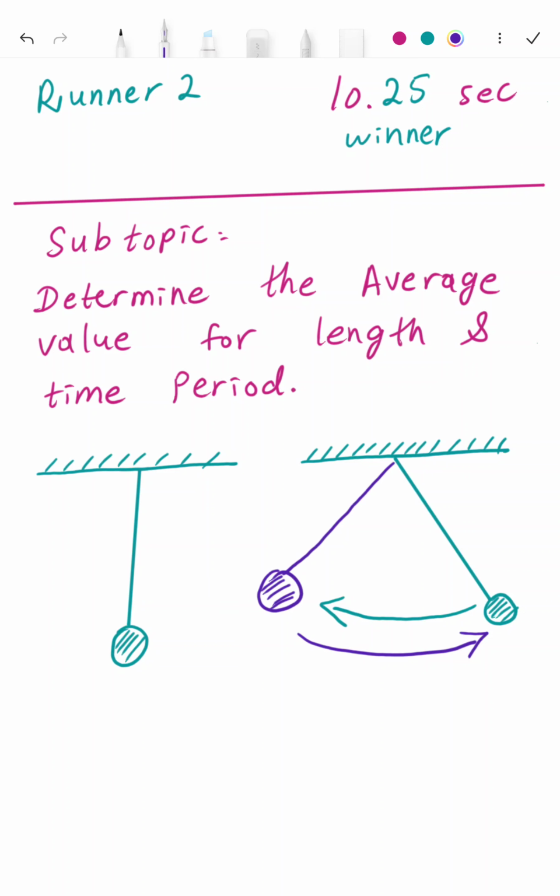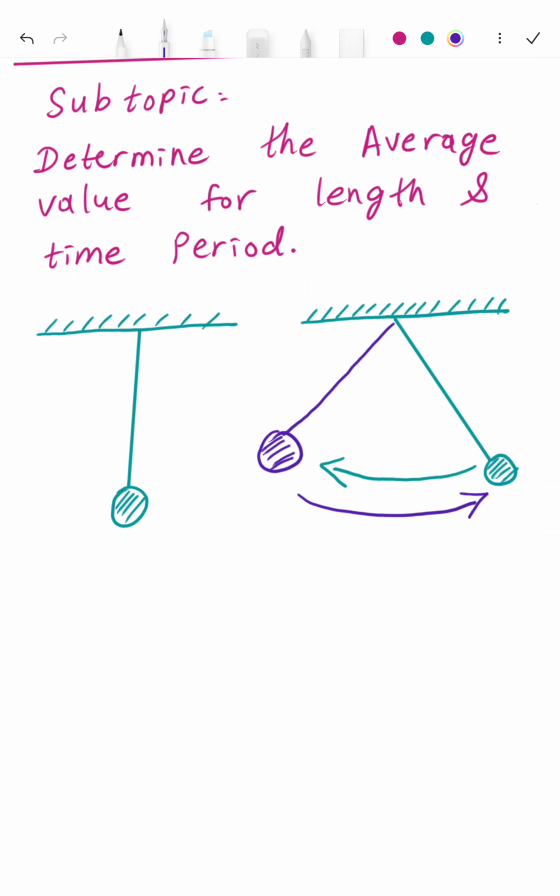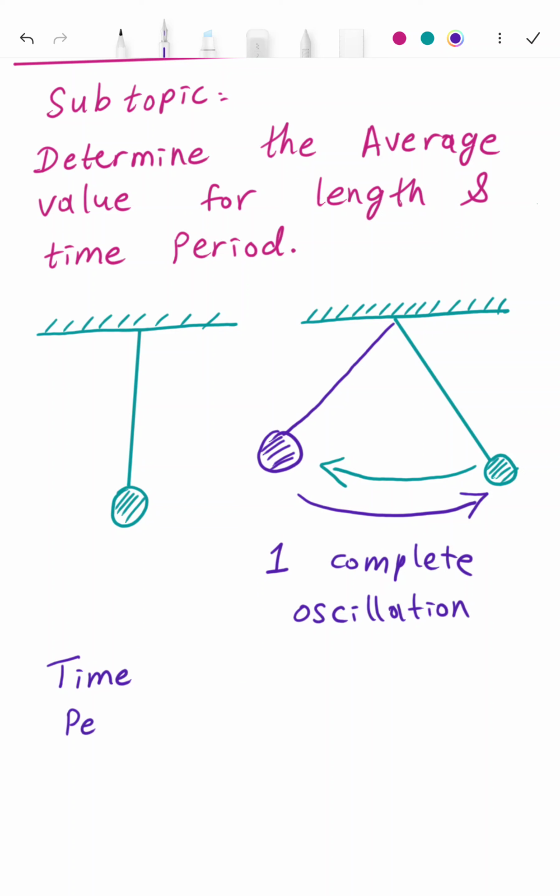When it does this, it completes one complete rotation, or one complete vibration, or one complete oscillation. The time taken for one complete oscillation is known as the time period of a simple pendulum.